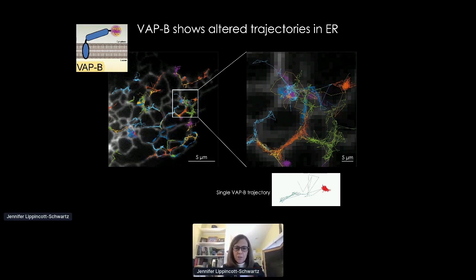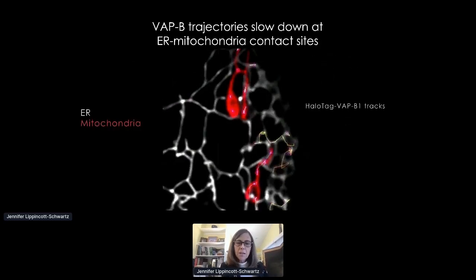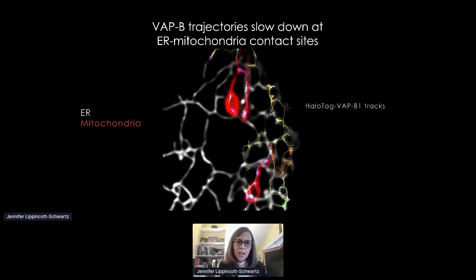And that can be seen in this bottom single VAP-B trajectory, where you can see the individual molecule diffusing rapidly, and then suddenly it comes into a region where it's hovering. It's not immobilized. It's undergoing very tiny step sizes.